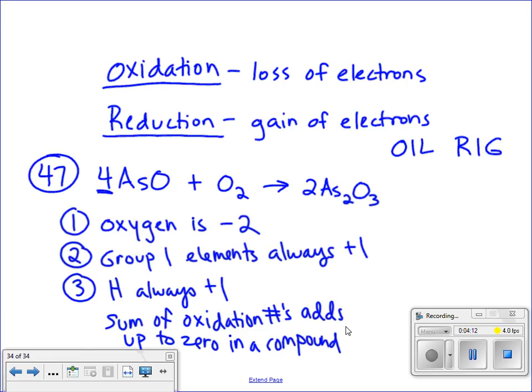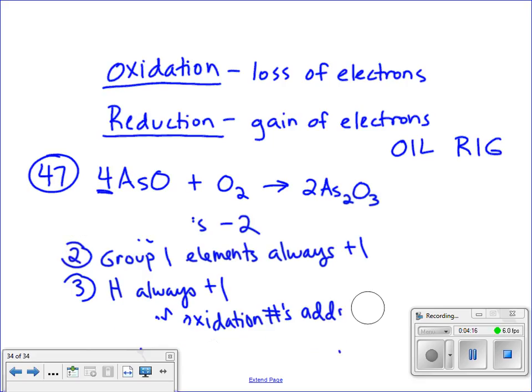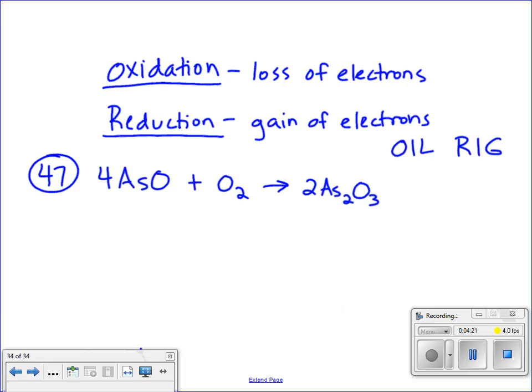Let's apply these rules to assign oxidation numbers for each element in this chemical reaction.